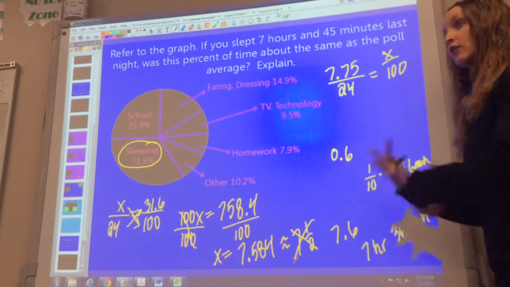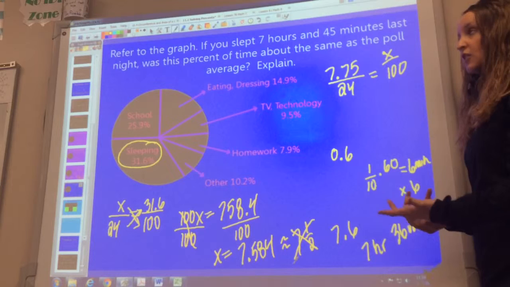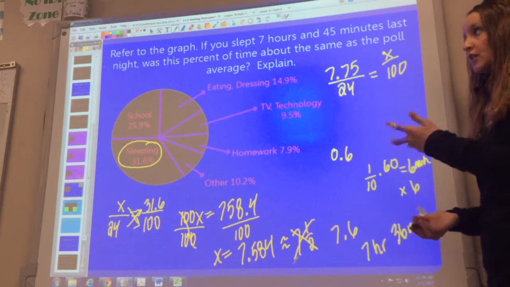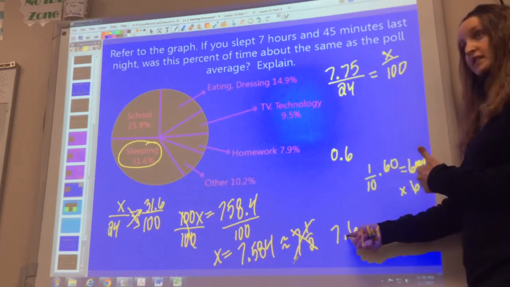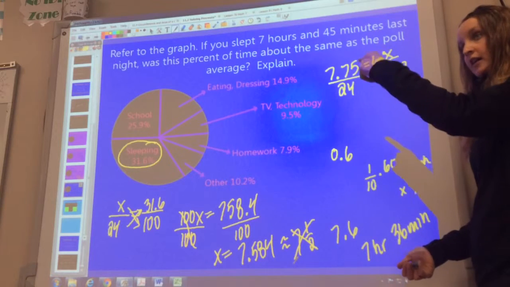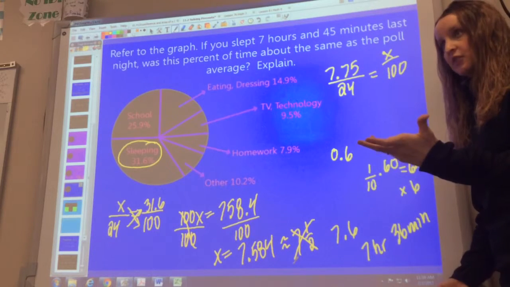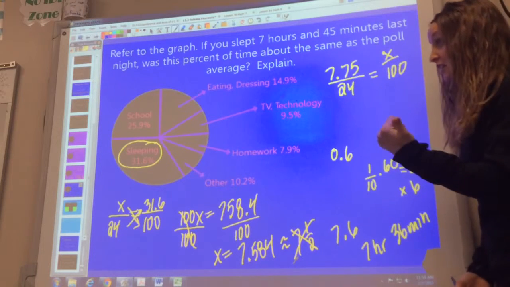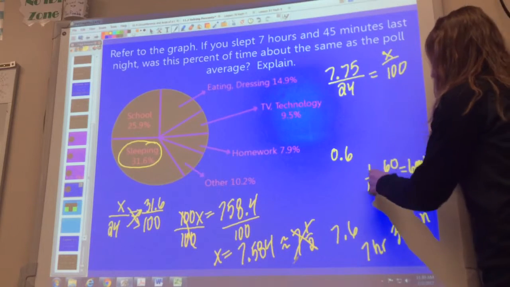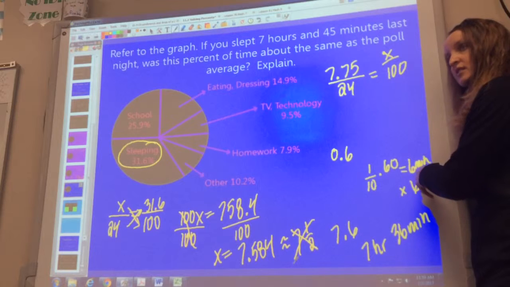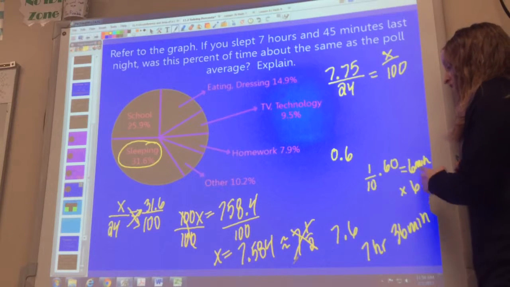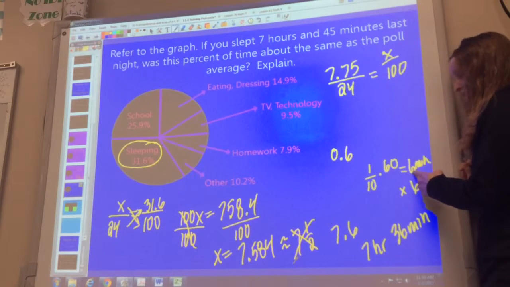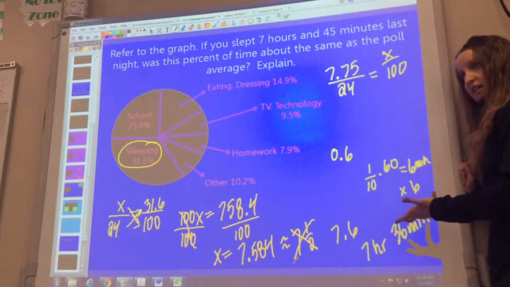Then I wanted to convert, and I was thinking, what's the easiest way to convert fractions or decimals of an hour? Well, a tenth of anything is always really easy. So I figured out a tenth of an hour, and you might want to write that in your notes because that's going to be helpful for tonight. A tenth of an hour is 6 minutes, right? So then if you get 7.8, you just take 6 times 8 next time. Does that make sense?